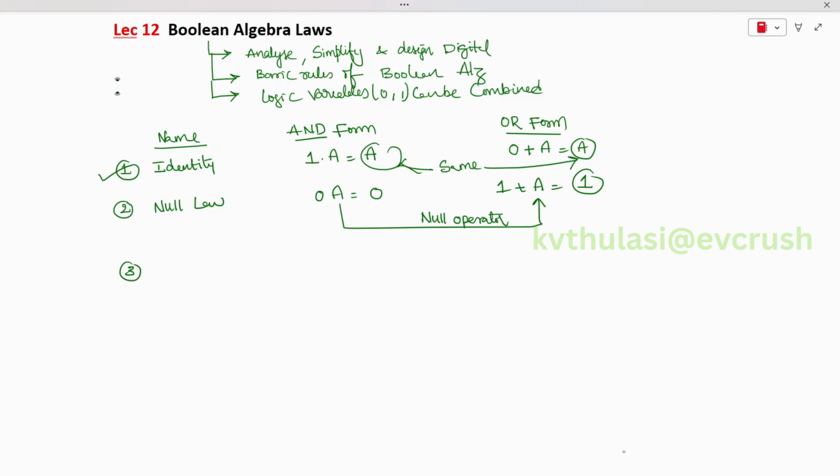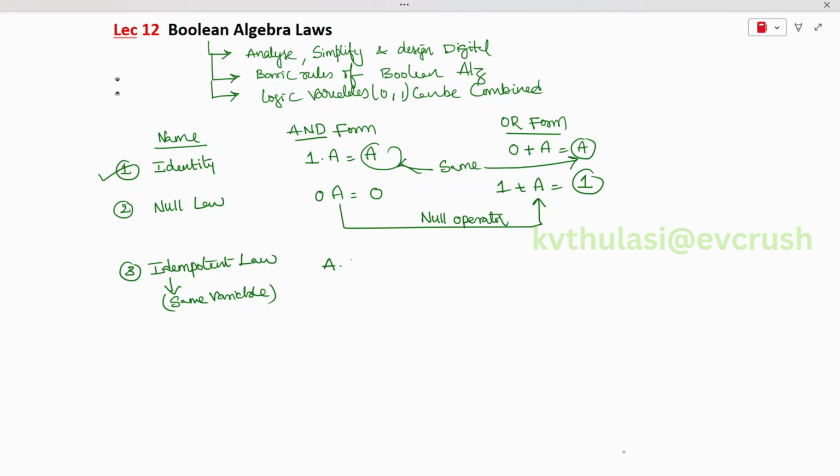The third one is the idempotent law. Idempotent law means the answer remains the same. Whenever you use the same variable twice or more than once, it is called idempotence.